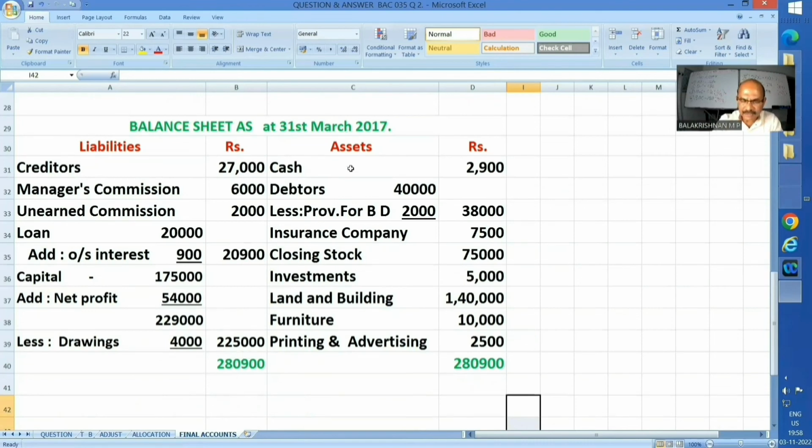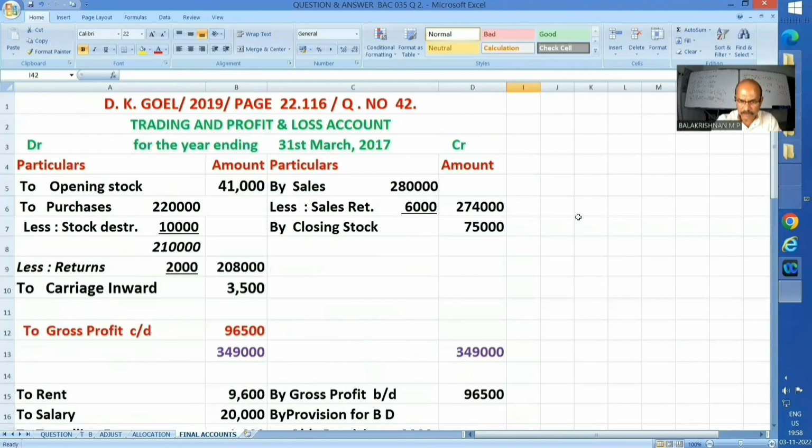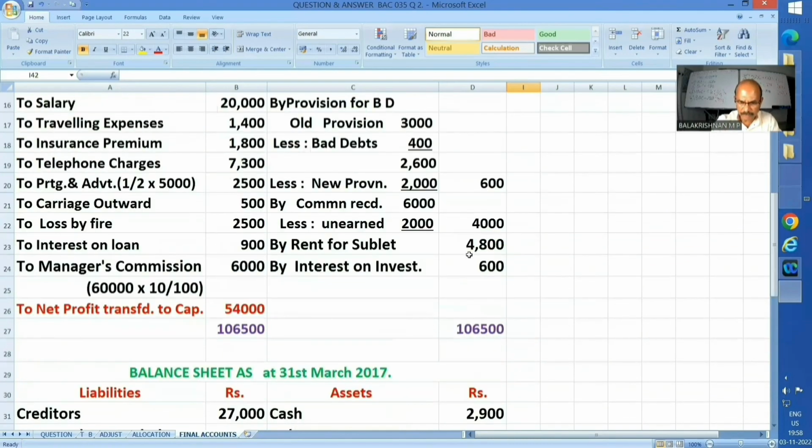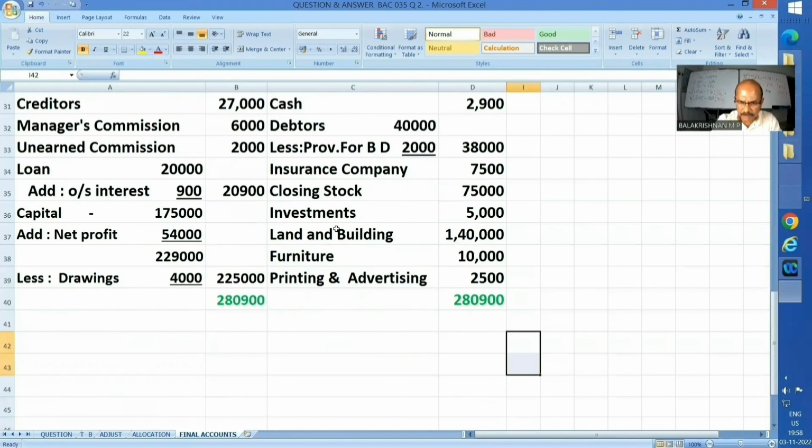As far as the asset side is concerned, cash is given straight, that I already explained to you, minus the latest provision I will show here. Insurance company, they agreed to pay me 75%, that comes to 7,500. It's an asset to me, I'm showing here. Closing stock, fine. Investment as it is, there is no depreciation in this sum, and so assets are shown as it is.